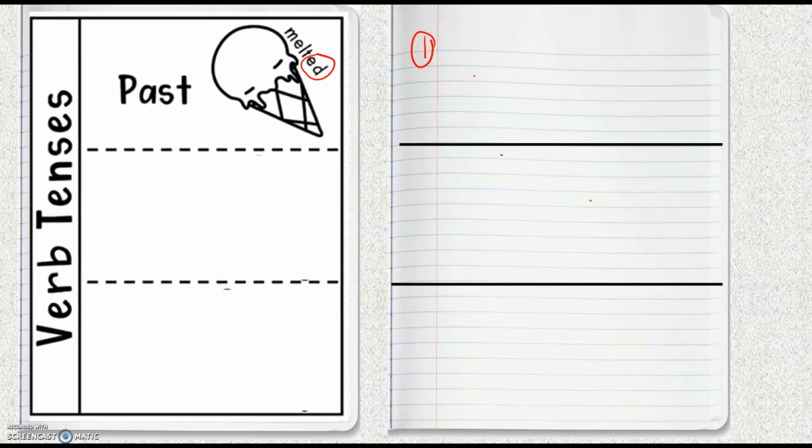All right, welcome back, boys and girls. Let's review the sentence that I have for melted. The ice cream melted last night. So this just lets me know that it happened in the past.